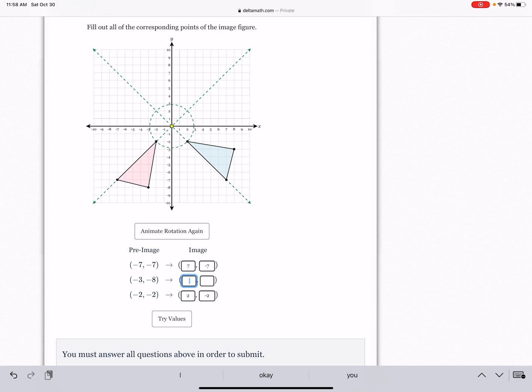So it seems y switches to x and changes sign, and x becomes y with the same sign, switched and remaining the same sign.